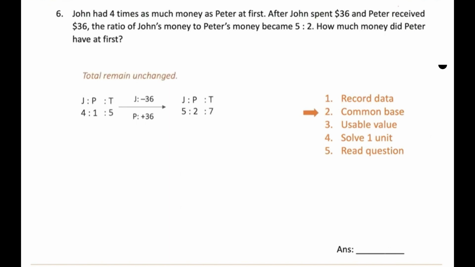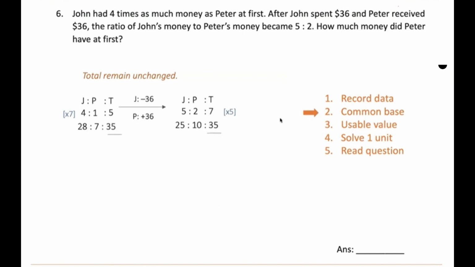So let's make them the same. So 4 plus 1 is 5. 5 plus 2 is 7. That is the total before and after. Because they are unchanged, let's make them the same. Lowest common multiple of 5 and 7 is 35. So let's make this 35. Easy, multiply by 7. Over here, multiply by 5. Okay, this part should be quite easy for you. So make sure your common base is done.